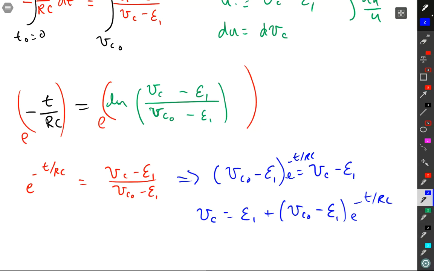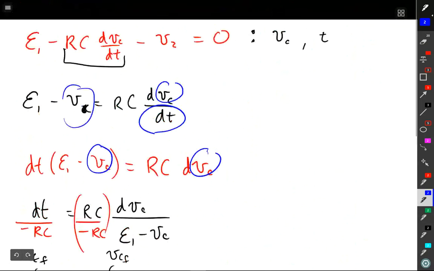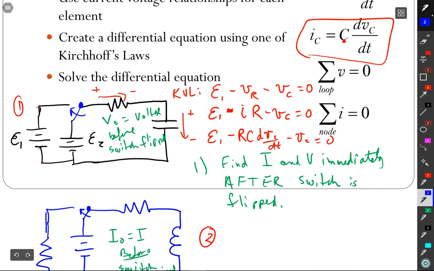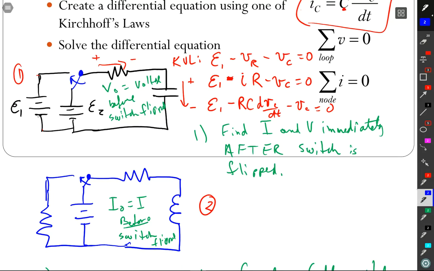And note that I need to have the initial voltage, and our condition for this one was that the initial voltage is the voltage you had before we flipped the switch. So we just look at before we flip the switch, if it's been sitting there for a very long time, the capacitor will be charged so that we have V initial is equal to E2.